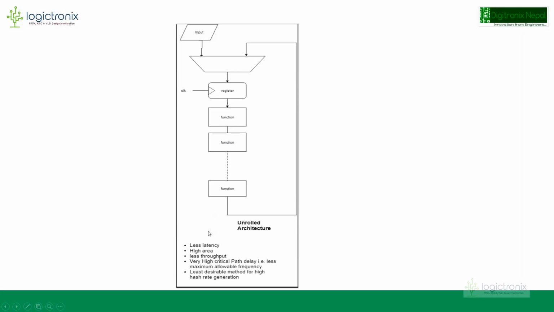You will have a very high critical path delay, and you won't be able to clock your FPGA faster. So this is not desirable. This latency will be less, but it will consume higher area, and it won't support higher frequency either. So its maximum allowable frequency will be less. So this is not desirable in maximum throughput generation. I think this is the worst design of all.